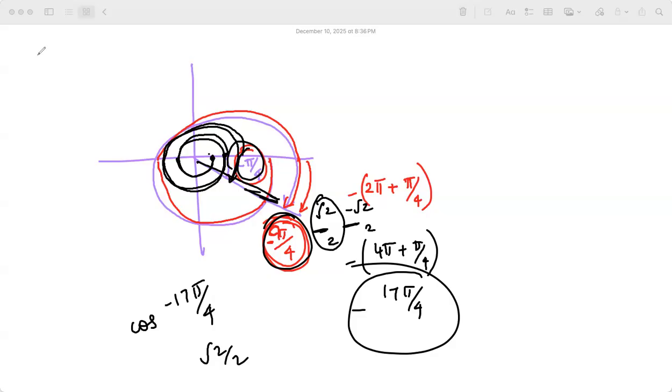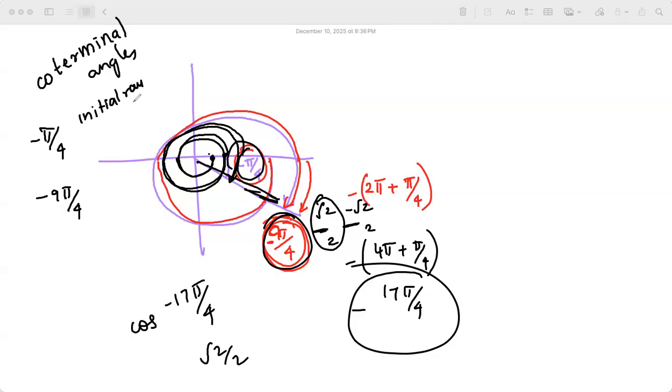Now, coming to the definition of coterminal angles, right? These are all coterminal angles, meaning whether it is minus pi by 4 or 9 pi by 4, the initial ray and the terminal ray are the same. But the angle measures are different.